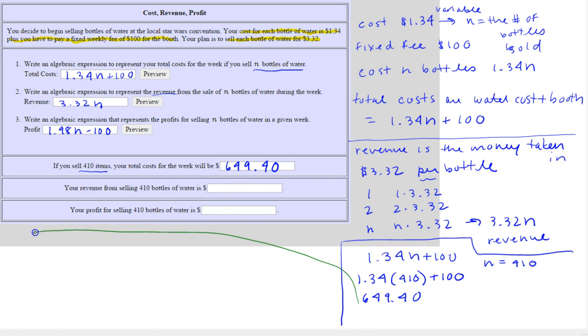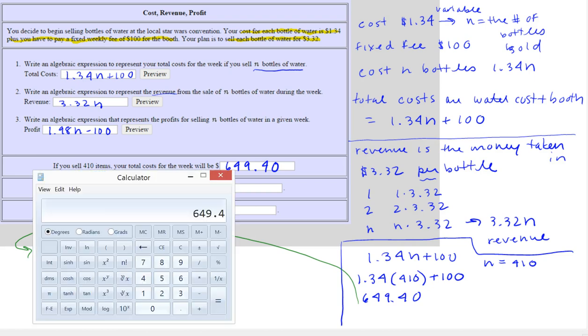Now let's move over here for the next question. I made some more room. Now it says, find your revenue from selling 410 bottles. Well, here's our revenue equation. 3.32N, and N equals 410. So again, this is saying we're charging $3.32 a bottle, where N is the number of bottles. If we sell 410 bottles, how much money is in our till at the end of the day?